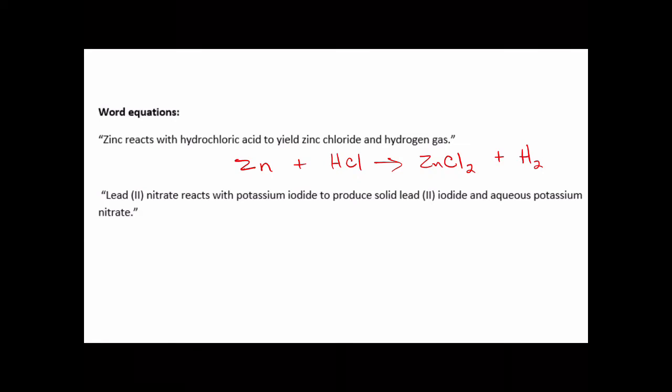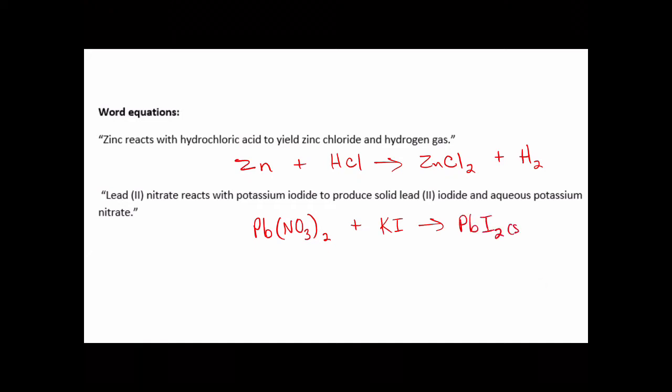And then lead(II) nitrate, so lead with a 2+ charge. Nitrate, if you remember again from last semester, has a -1 charge. So I'm going to need 2 nitrates to balance the charge of the lead. It's going to react with potassium iodide, so KI, and it's going to produce solid lead(II) iodide, so PbI2 solid.